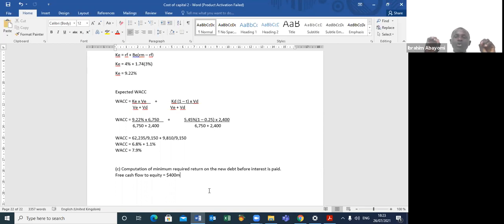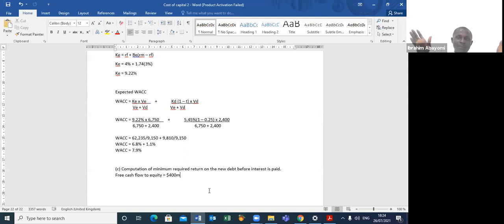I repeat, you can have free cash flow to equity holders. That is the one given to us in this question. You can also have free cash flow to the firm. When we say free cash flow to the firm, we are talking about the free cash flow that is available for distribution to both equity holders and debt holders. These are the two providers of finance for the company.